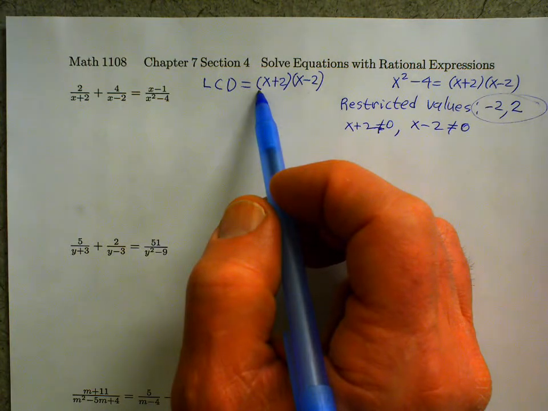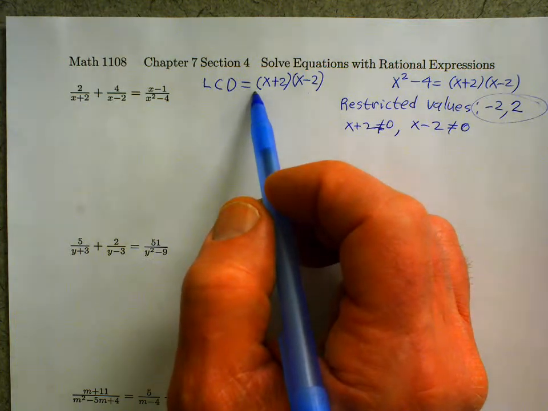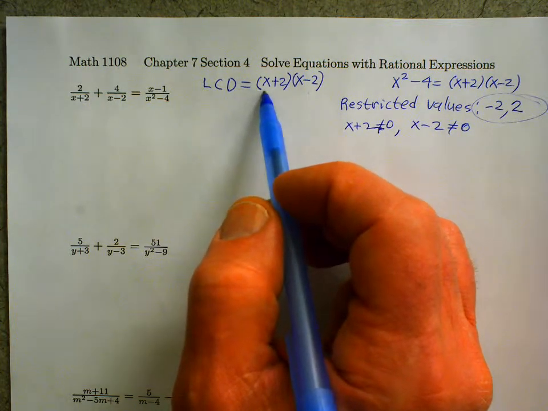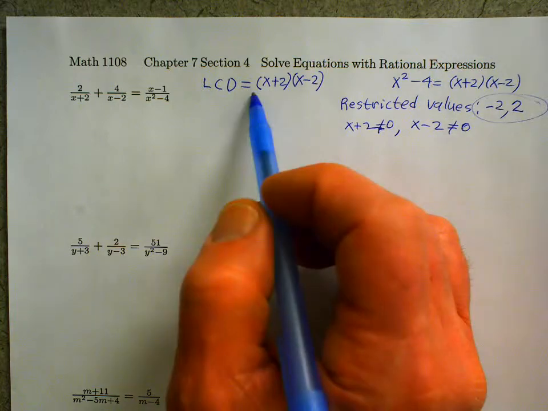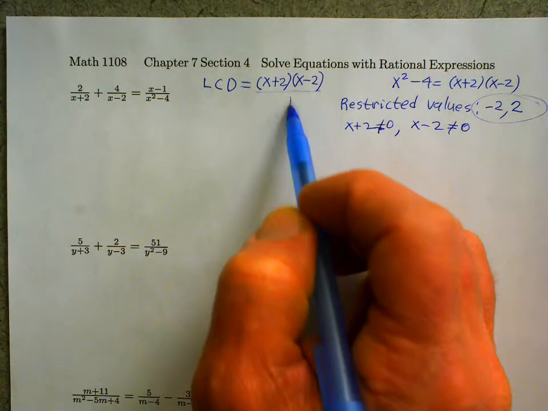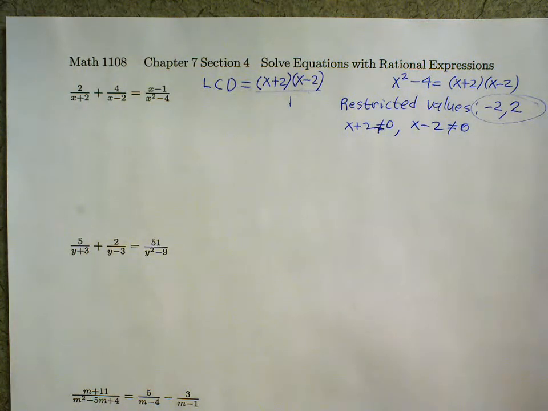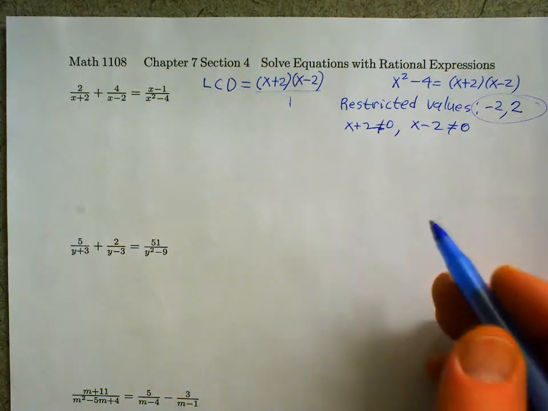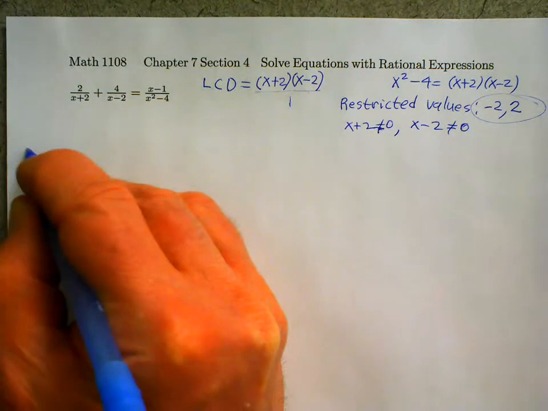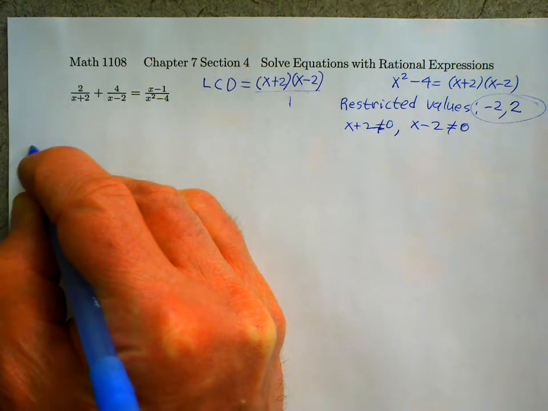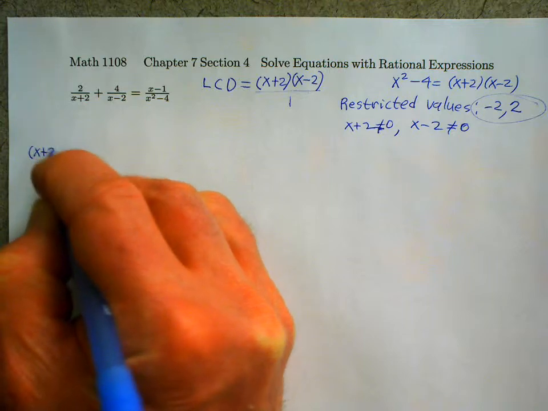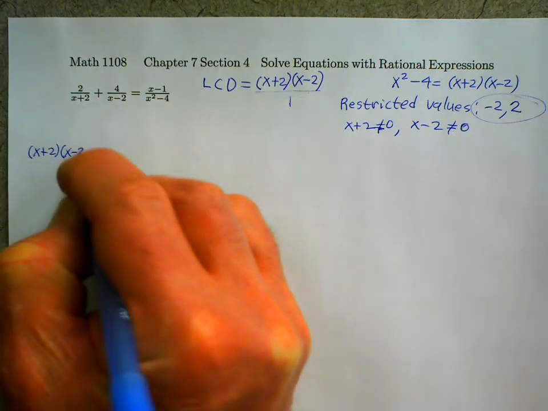Okay, so if it helps, you can think of this as x plus 2 times x minus 2 over 1, just so that you don't confuse numerators with denominators. So I'll multiply every term on both sides by x plus 2 times x minus 2.